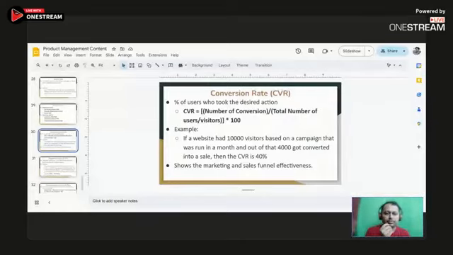Say, for example, you're running a campaign for your product and you wanted users to convert into a sale. Of the users who came in, what percentage got converted into a sale? That is conversion rate. Here CVR is calculated with the formula: number of conversions divided by the total number of users or visitors.